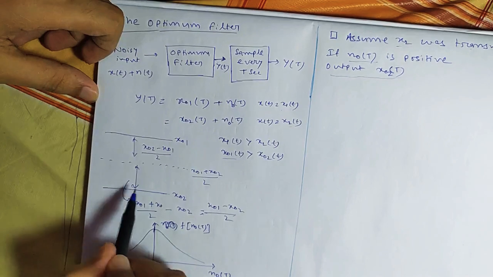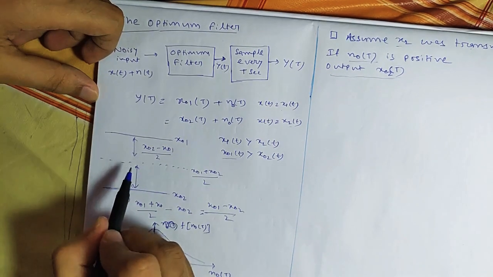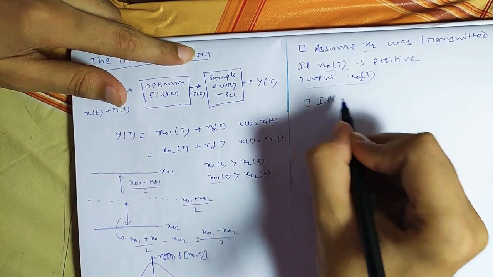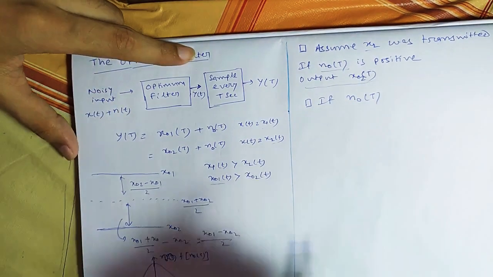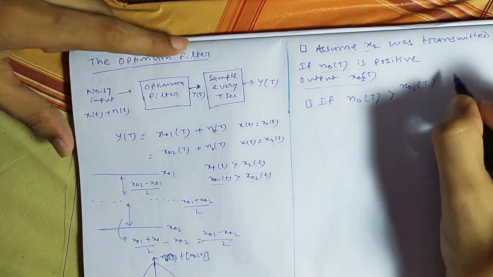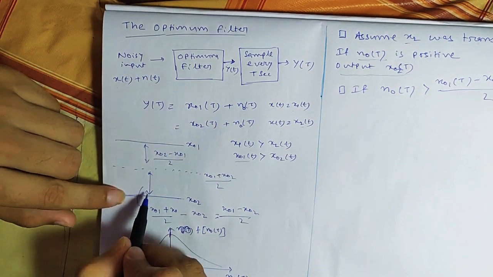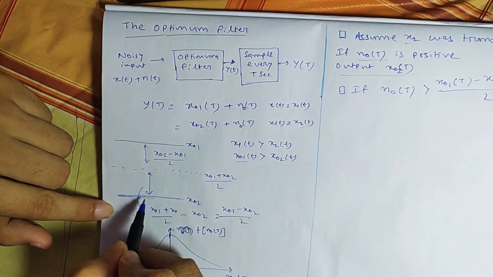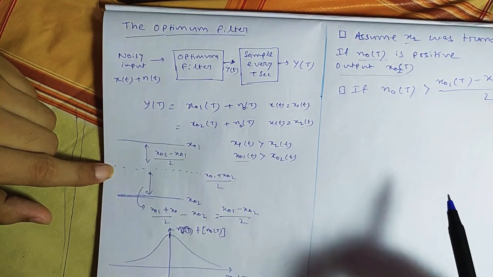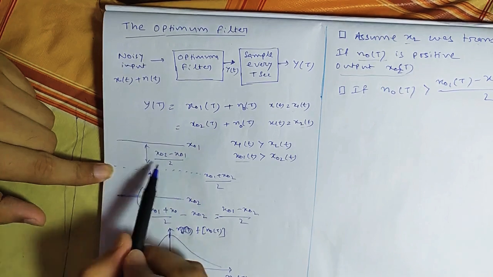If the noise is greater than this difference, (x01(t) minus x02(t)) by 2, then this x02 plus the noise component will give a value somewhere here, so y(T) will be in this region.